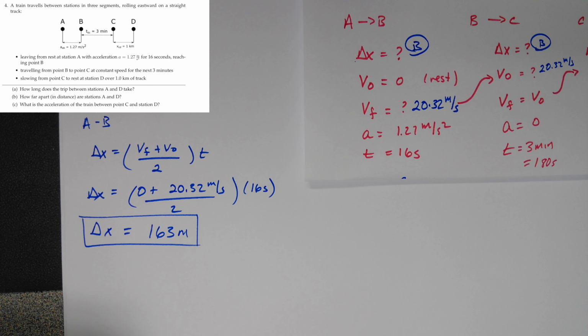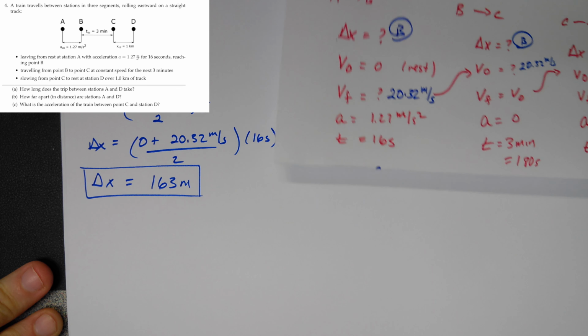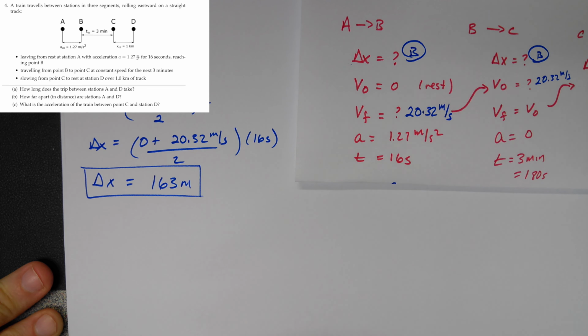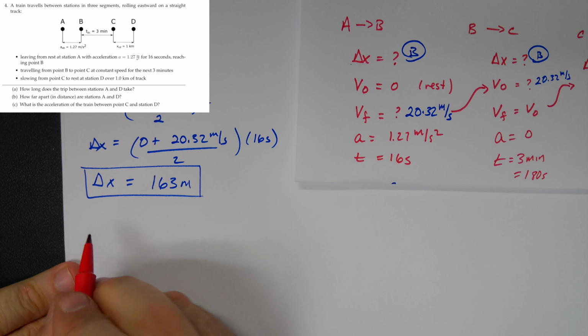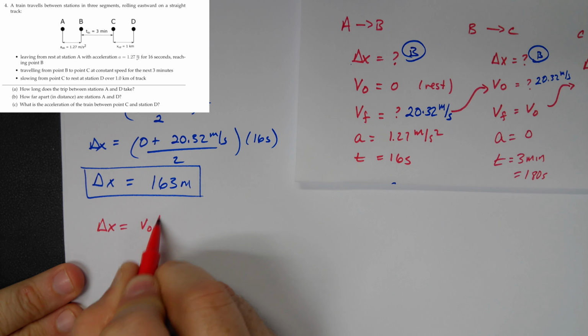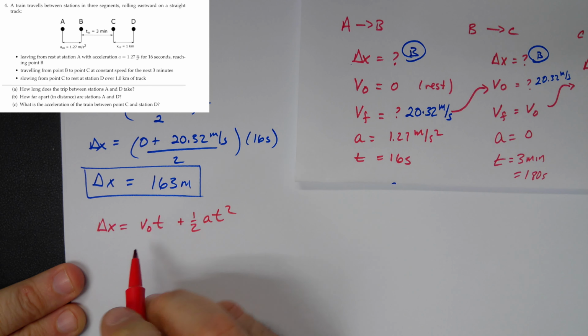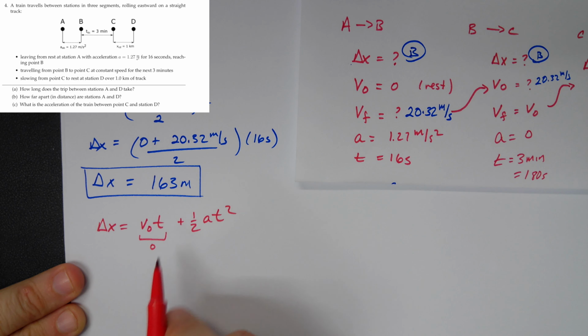And if you want to check, does that make sense? Well, you can try it a different way. I'm doing it a different way because there's more than one way to solve this problem. So if I did delta x is v initial t plus 1/2 a t squared, this term is 0.